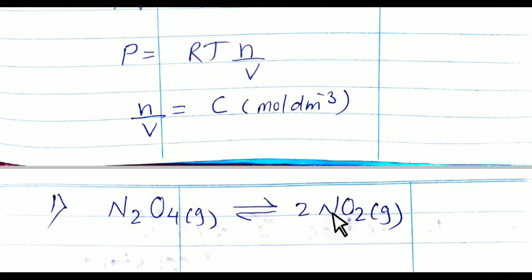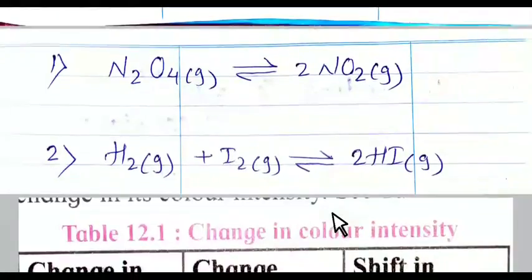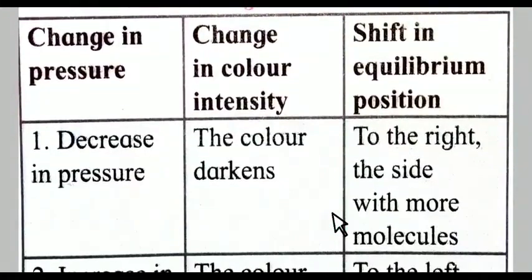As we know that N2O4 is a colorless gas and NO2 is a brown gas, we are taking an equilibrium mixture at a particular temperature, but the pressure is changed. What we have observed is that whenever we decrease the pressure, the color becomes darker and darker, and the equilibrium shifts to the right side.